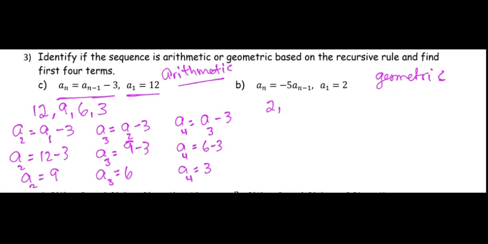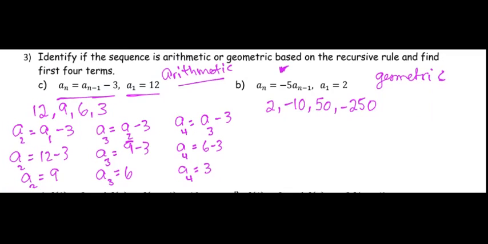Because it's a geometric sequence, that means r is negative 5. So to go from one term to the next, I'm going to have to multiply each term by negative 5. 2 times negative 5 is negative 10. Negative 10 times negative 5 is 50. 50 times negative 5 is negative 250.